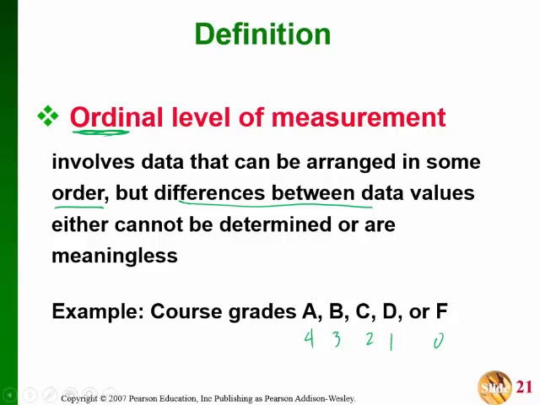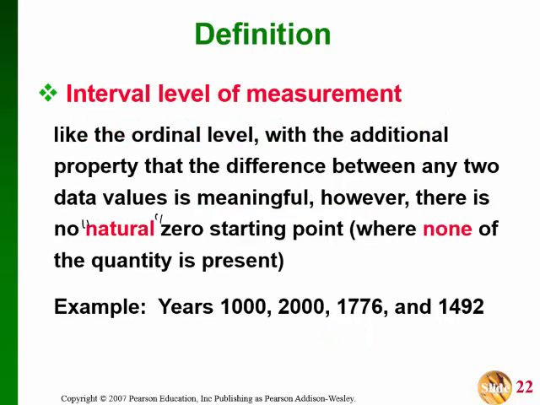So having those letter grades in ordinal measurements isn't going to make sense, because there's a one letter difference between A, B, C, D, and then there's a 2-letter difference between D and F. So of course, if you assign a number to that, then those distances would make sense. And if those distances make sense, then you're talking about an interval level of measurement.